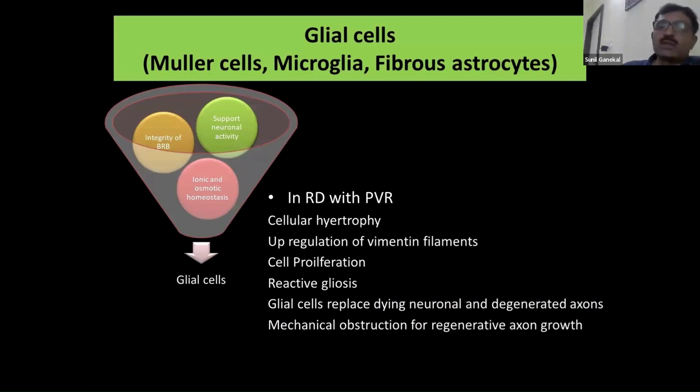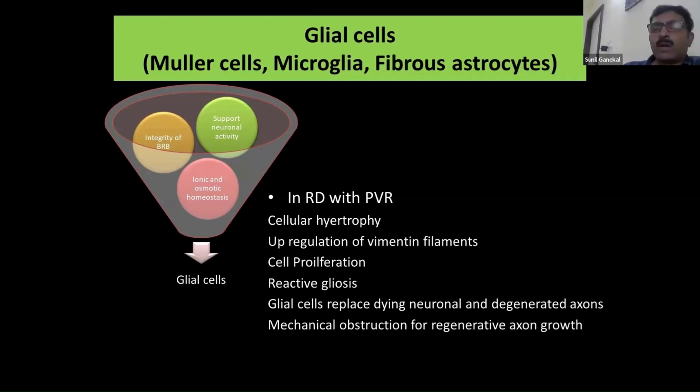The second most important cells which contribute to PVR apart from RPE, I told you, are the Muller cells, the microglia, and fibrous astrocytes. As you know, these keep the integrity of the blood retinal barrier and support the neuronal activity in the retina. For the ionic and osmotic homeostasis, these cells are very, very critical in the retina. But in RD with PVR, what happens? These glial cells undergo hypertrophy.